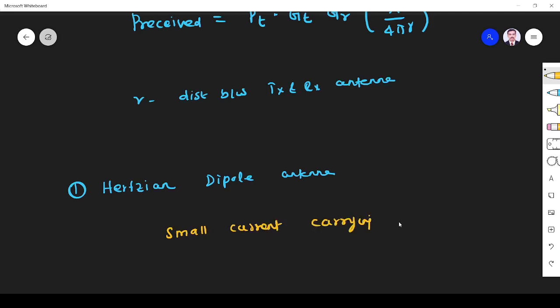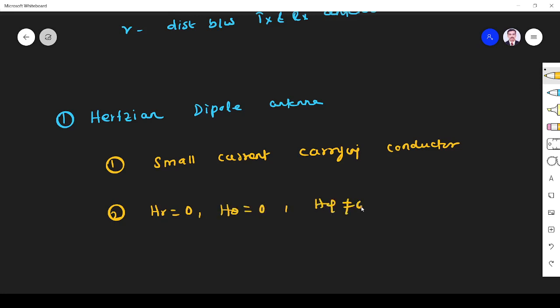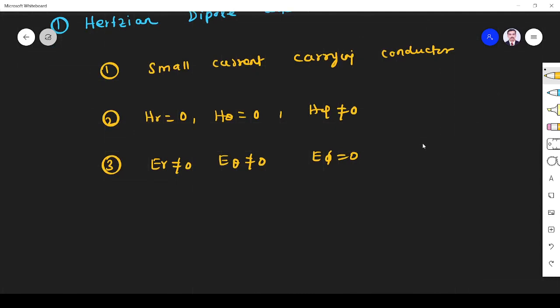What are the components it has? It has H r component 0, H theta component 0, H phi component not equal to 0. Third, it has E r component not equal to 0, E theta component not equal to 0, E phi component equal to 0. So these are all the things we must know.